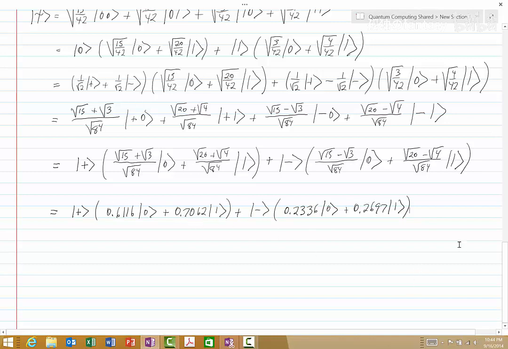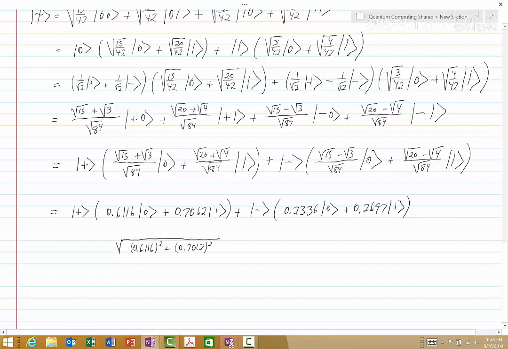So for this first term, we'll need to multiply and divide by the square root of 0.6116 squared plus 0.7062 squared.